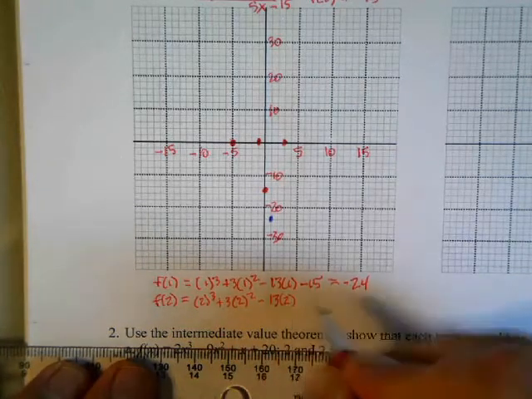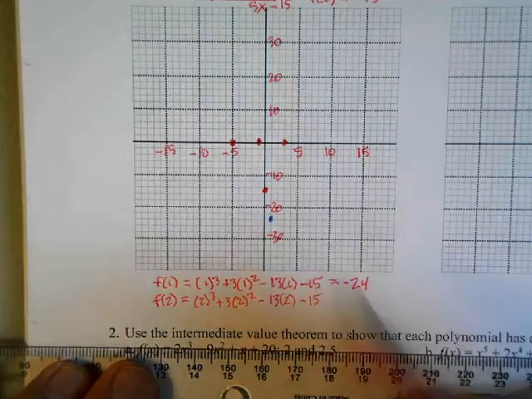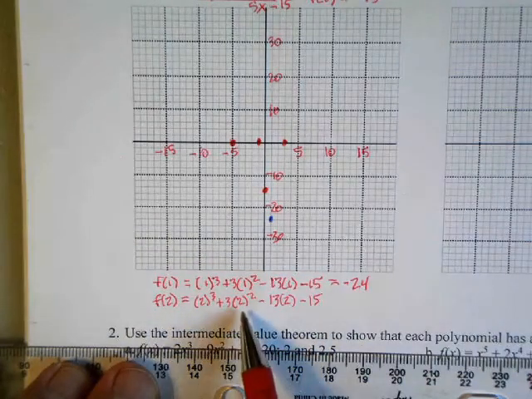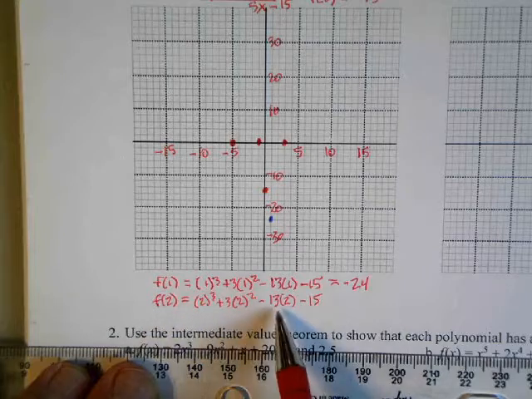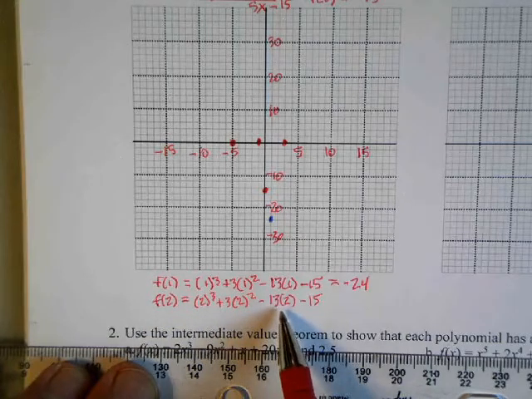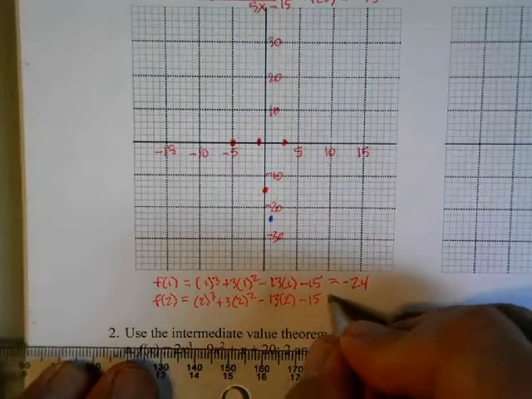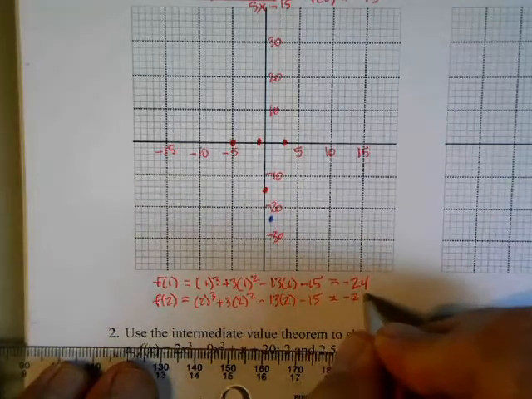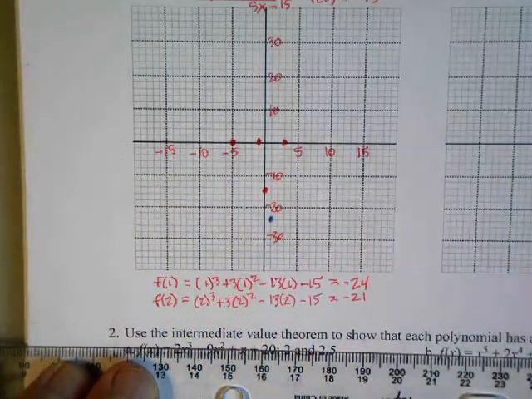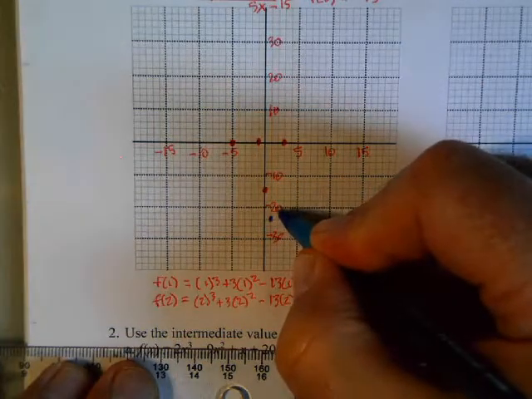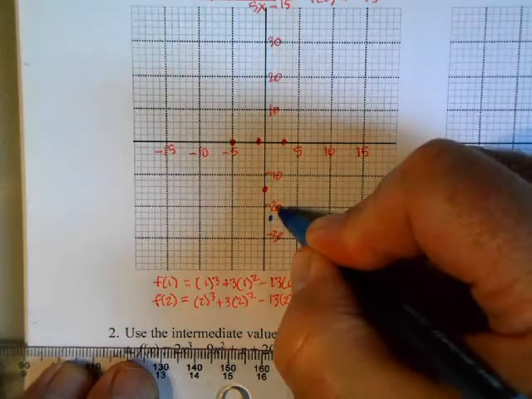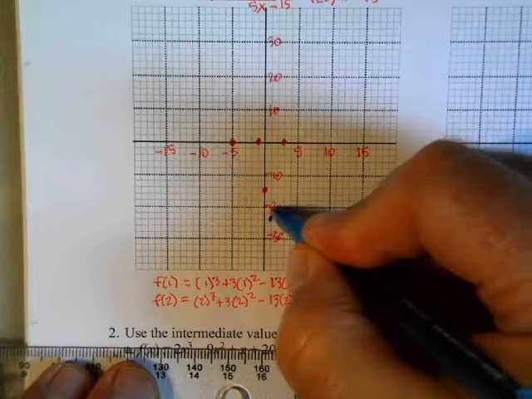So that's 8, that's 3 times 4 is 12, so that's 20. 20 minus 26 is negative 6, and so that will give me a negative 21. So that's going to be right here, halfway between the 20 and 22, so that's this 21.